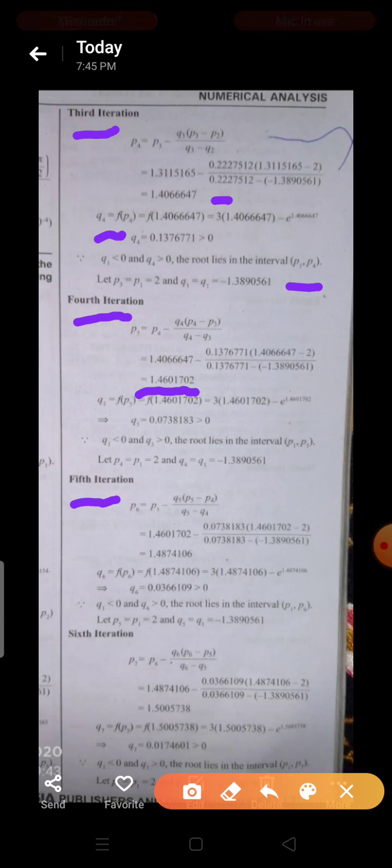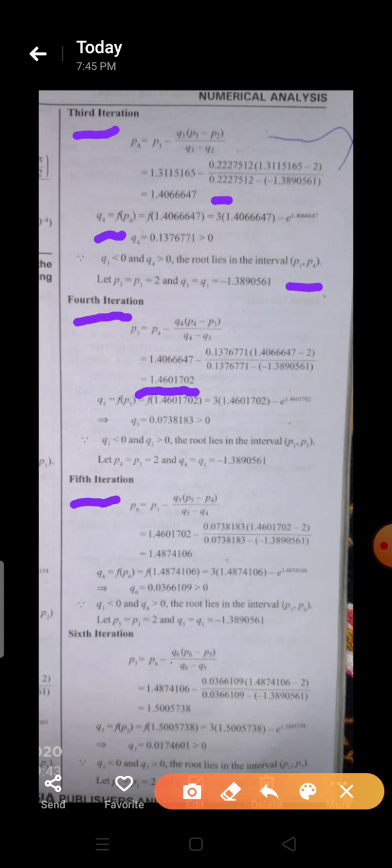Next, Q6 is equal to f of P6 is equal to f of 1.4874106 is equal to 3 into 1.4874106 minus e power 1.4874106, implies Q6 is equal to 0.0366109. This is greater than 0.